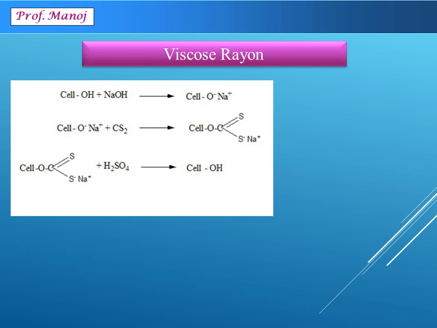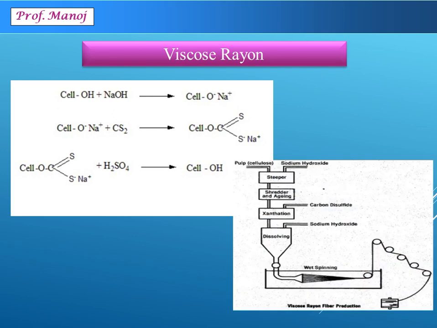Here you can see the steps which I described. First, cellulose is treated with NaOH to form CelO minus Na plus. This alkali salt is treated with CS2 to form the xanthate. This xanthate is treated with sulfuric acid, that means it's undergoing hydrolysis to form a better quality cellulose, that is rayon.